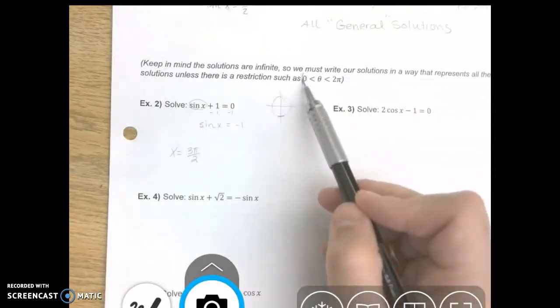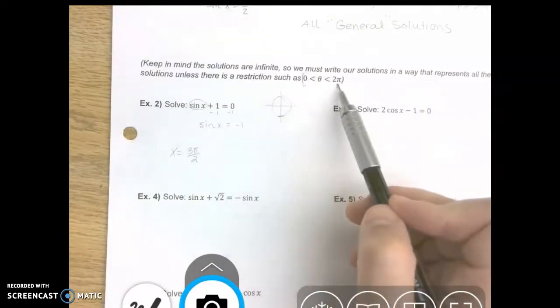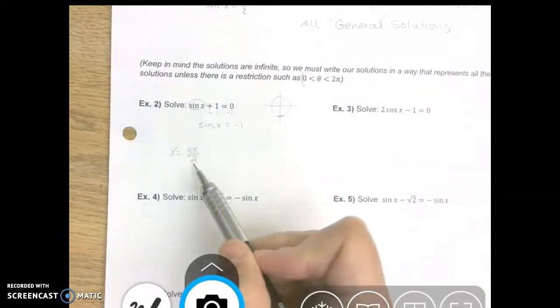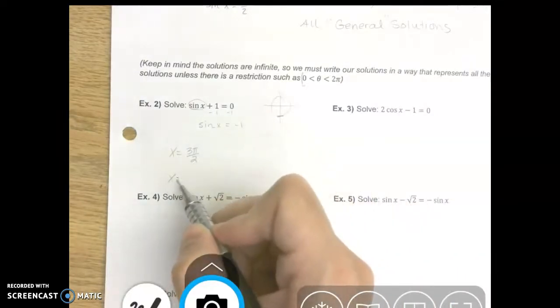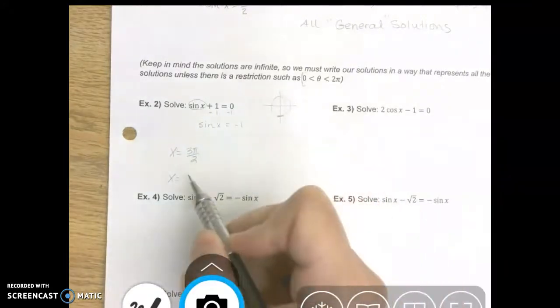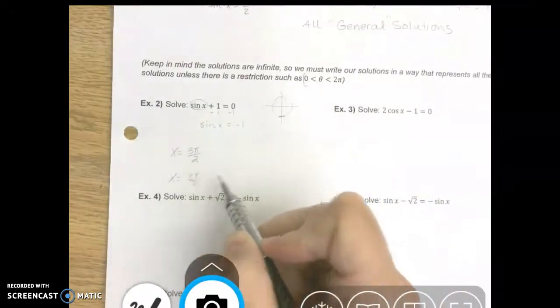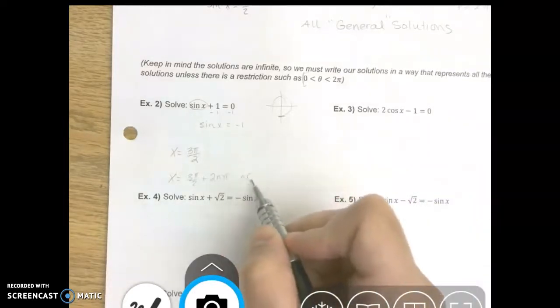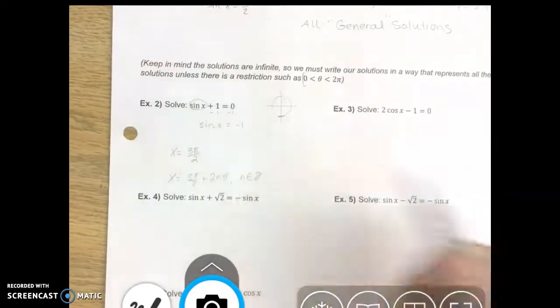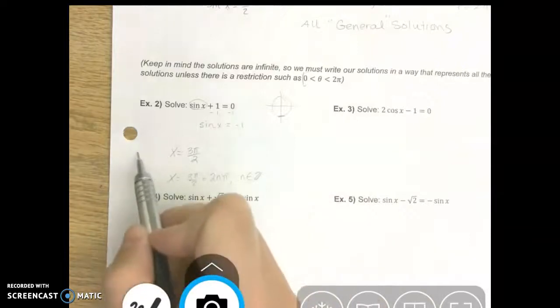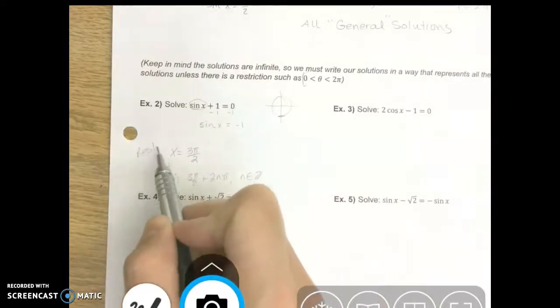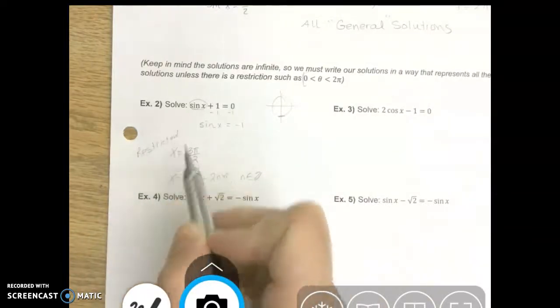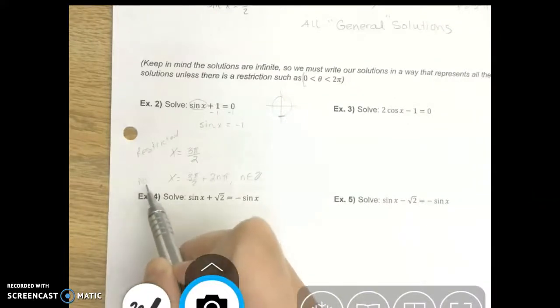Again, if I'm just talking from 0 to 2 pi, then I only want that one solution of 3 pi over 2. If I'm looking for the general solutions, then it would be 3 pi over 2 plus 2n pi, where n is an element of the integers. Okay, so these are restricted, and these are all solutions.